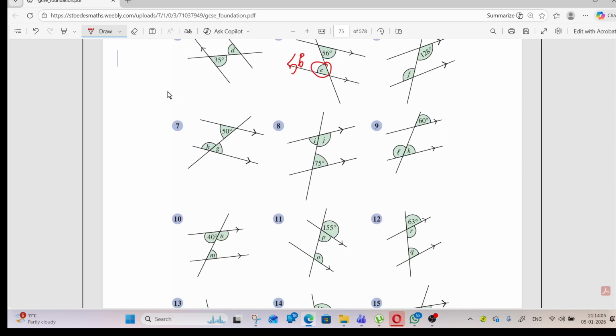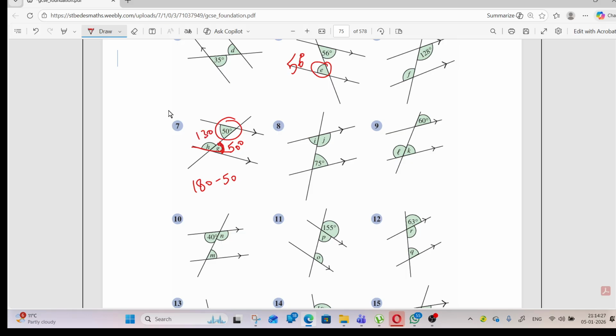That's great. Like in this one, if this is 50, this angle is 50, so angle G is alternate to this. This is also going to be 50. If G is 50, H and G are on a straight line, so they should add up to 180. So if I subtract it from 180, I will get 130.